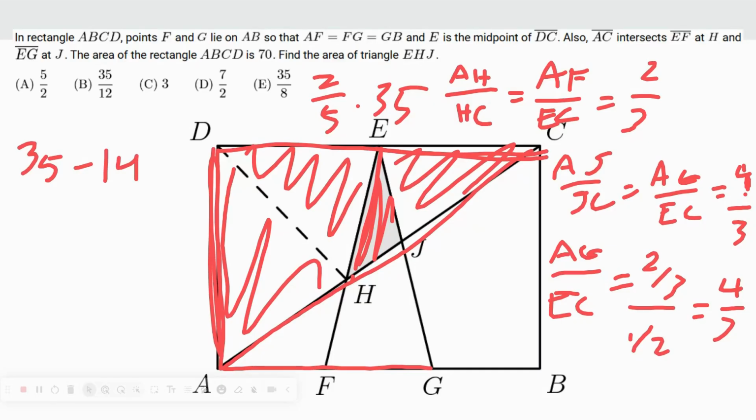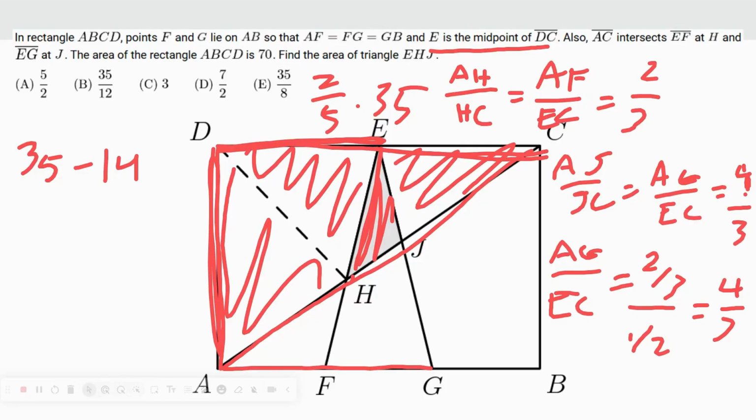So the area of triangle DEH is next. So segment DE is half of DC because of the given statement. So that's E is the midpoint of DC. So the height from H is also 3/5 of the total height.